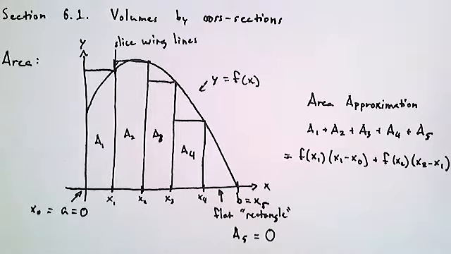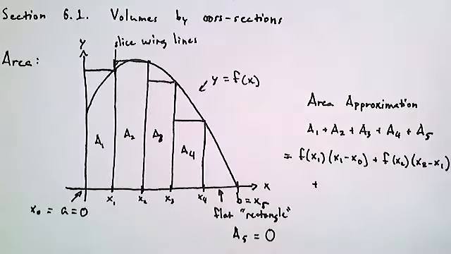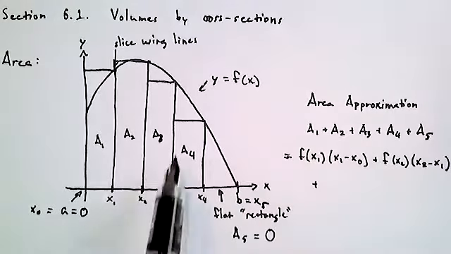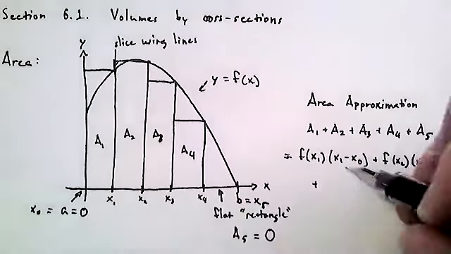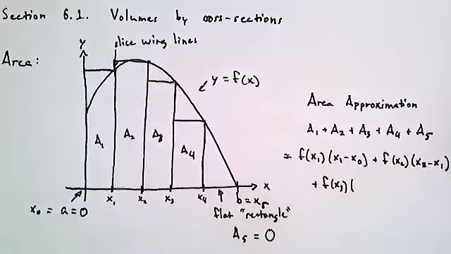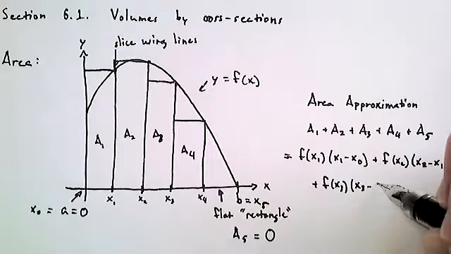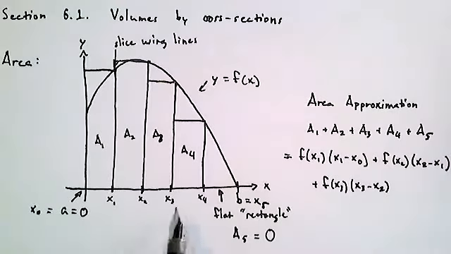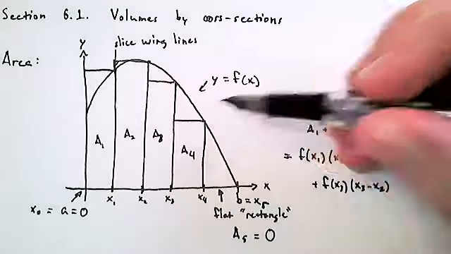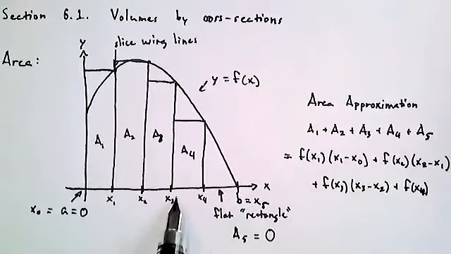Okay. And, well, we would just continue. Maybe I'll finish writing it out. So it's f of x3 for the height of the next rectangle. And then x3 minus x2 for the width. And then we have f of x4 and that width is x4 minus x3.